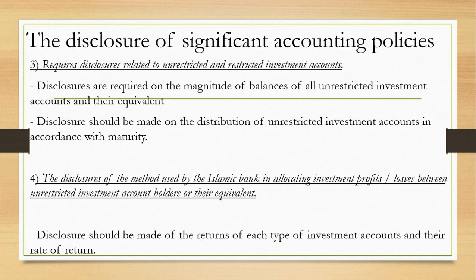Okay. The disclosure of significant accounting policy, again. The third one requires disclosure related to unrestricted and restricted investment account. So the Islamic bank has to disclose the magnitude of balances of all unrestricted investment account and their equivalent, and it should be made on the distributions of unrestricted investment account in accordance with maturity.